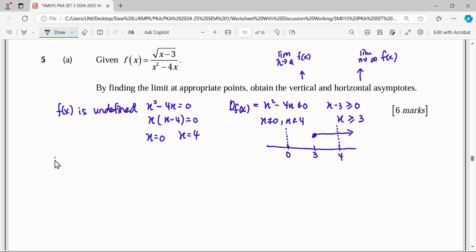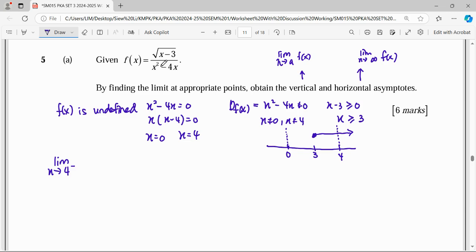So we will start by analyzing the limit when x approaches 4 from the left hand side, because near x equals 4 here, we have graph. We have graph, this means we can find the asymptote. We can find the limit of the function.